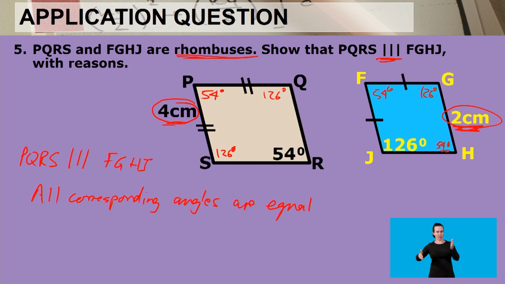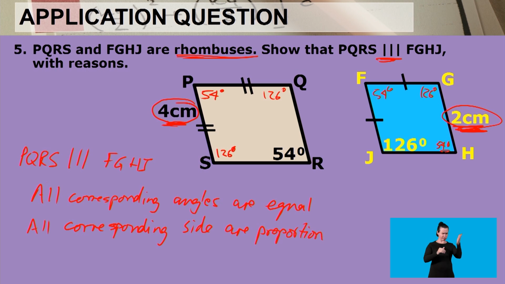Therefore, because one side is 4 centimeters and on the next shape, the other side is 2 centimeters, we can say all the corresponding sides are proportional, because for each side that we divide, we're going to get the same ratio. So all corresponding sides are proportional. All right, let's look at the next one.